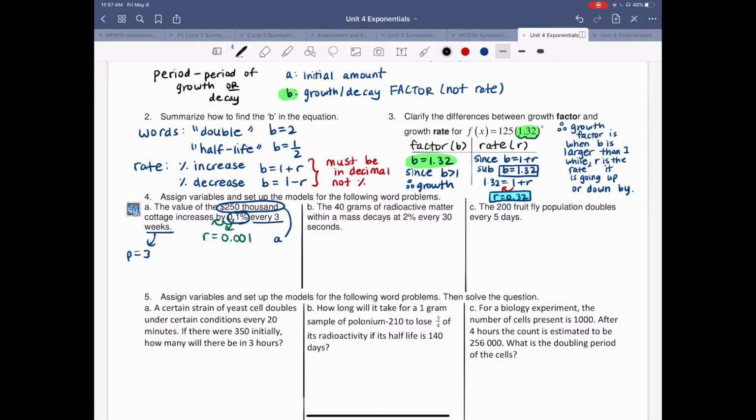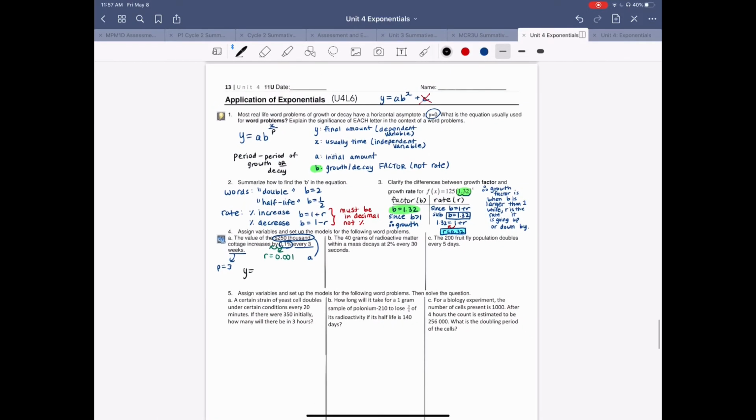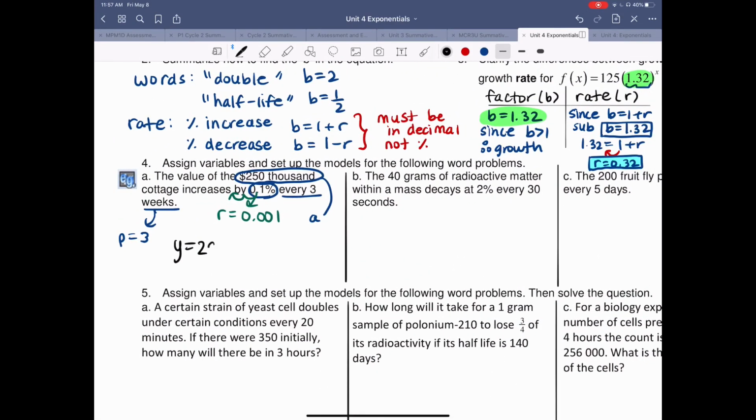So I'm going to start writing what my equation is. So I have y equals, see my A value, which is 250,000. My B value, okay, so I need to figure out my B value on the side. Because I wrote R is equal to 0.001, my B value is going to be, well, it's increasing, so I'm going to do 1 plus 0.001.